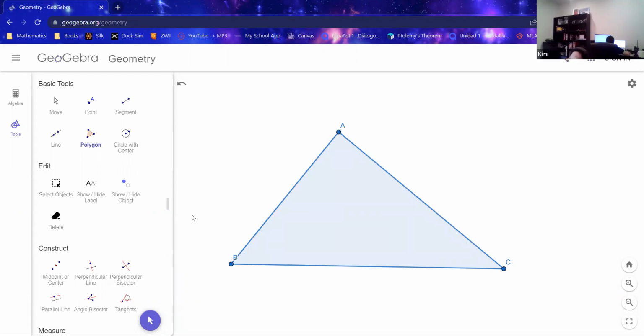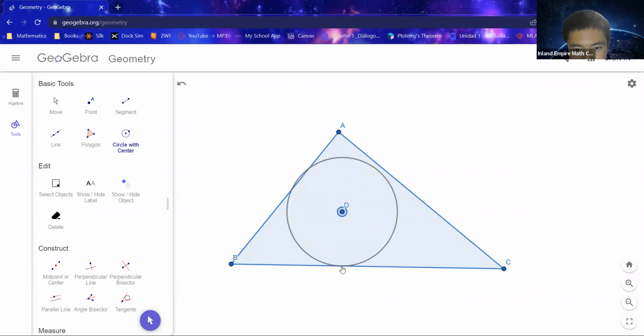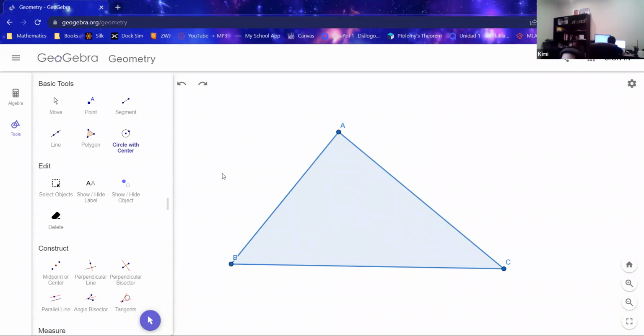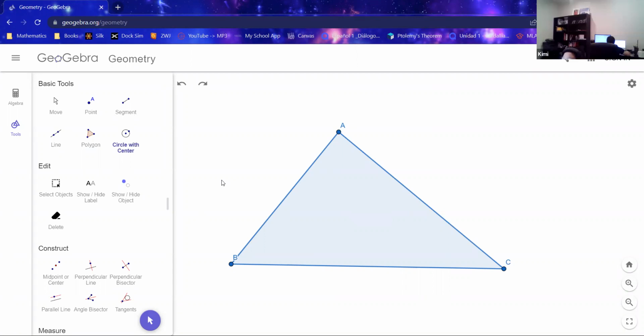The incircle, which means a circle that is precisely inside the middle. Yep, so I want you to construct a circle that is exactly in the middle of this triangle. Well, that is kind of not possible. Well, it kind of is, Kimmy. Or we could just try a billion times.